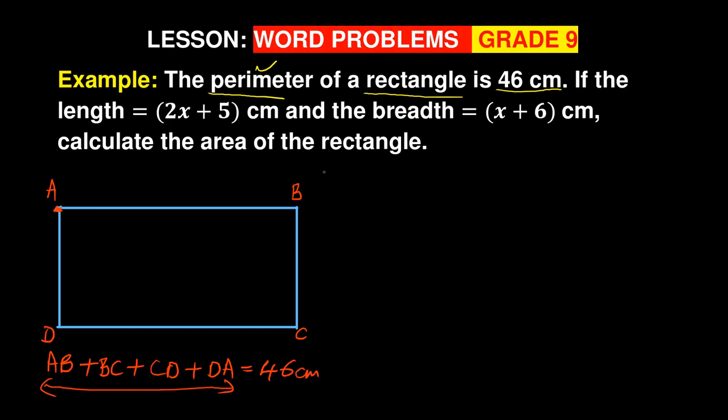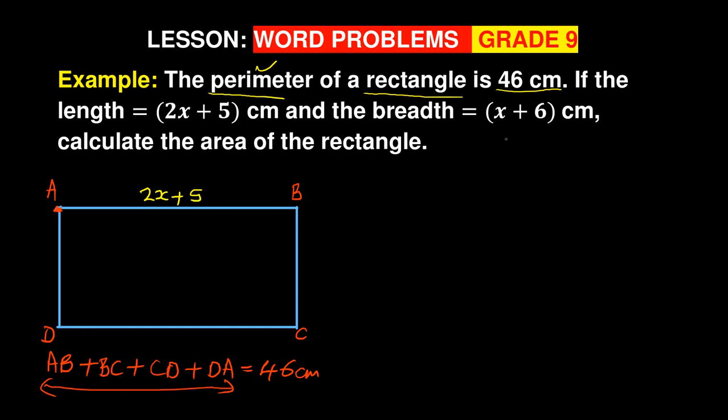And then there is some crucial information after. They're saying if the length is equal to that and the breadth is equal to that, calculate the area of the rectangle. So they are giving us the length, which is the longest side, and they're saying the length is 2x plus 5, which means from A to B is 2x plus 5.